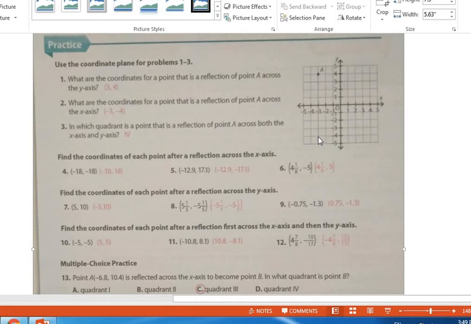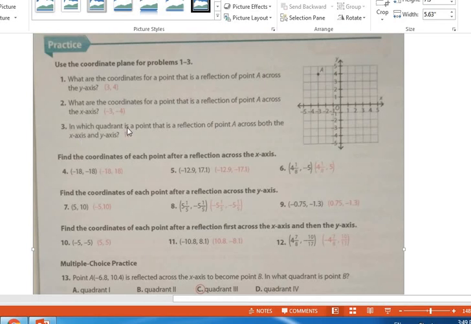This point is -4, excuse me, -3. I moved here 3. Yes, -3, -4. I start reading the x-axis, -3, and then go down until I get to -4. So it will be -3, -4. Okay?